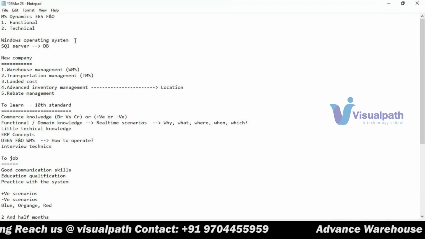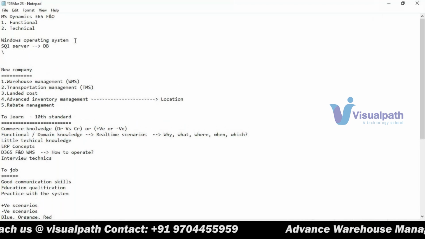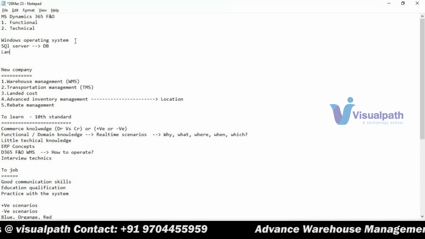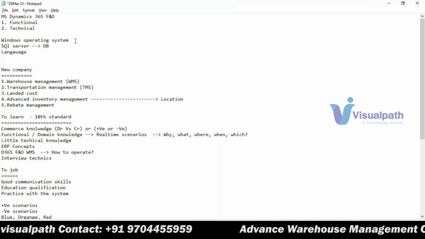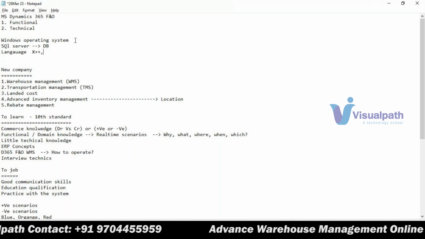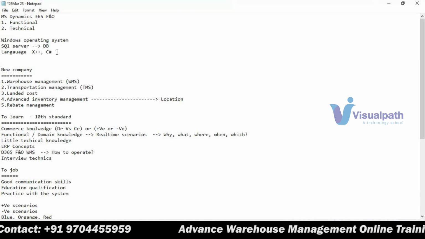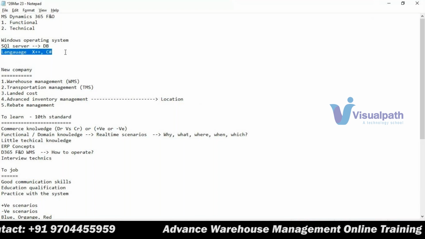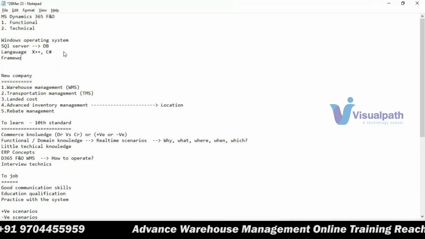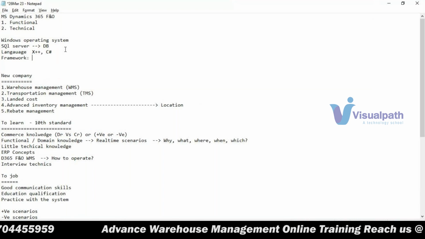Next one is for coding. The language inside is X++. Nowadays, C Sharp also gives support. These are the languages. And the framework: earlier it was Morphx, now it is .NET.